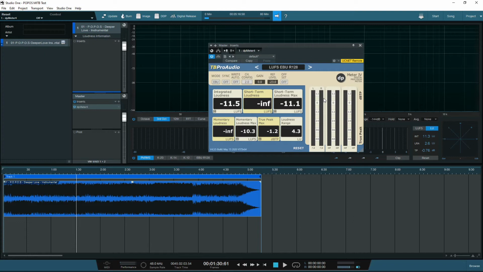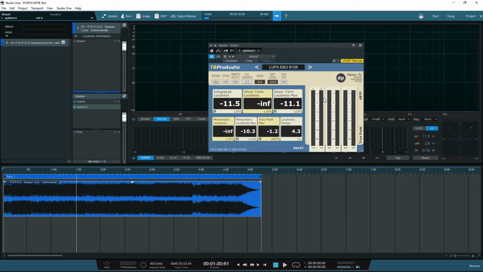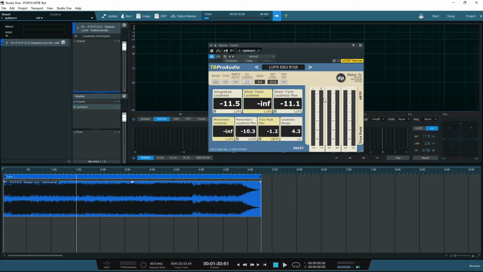Before we get into this week's content, and as a recap, in video 1 we discussed how we can measure loudness using a loudness meter, and I showed you 2 free loudness meters that are great for this purpose. In video 2 we discussed headroom and how much we should leave for mastering, including what peak levels are, RMS and what this means, what the digital ceiling is, digital clipping, and also some tips on how you can leave enough headroom before mastering.